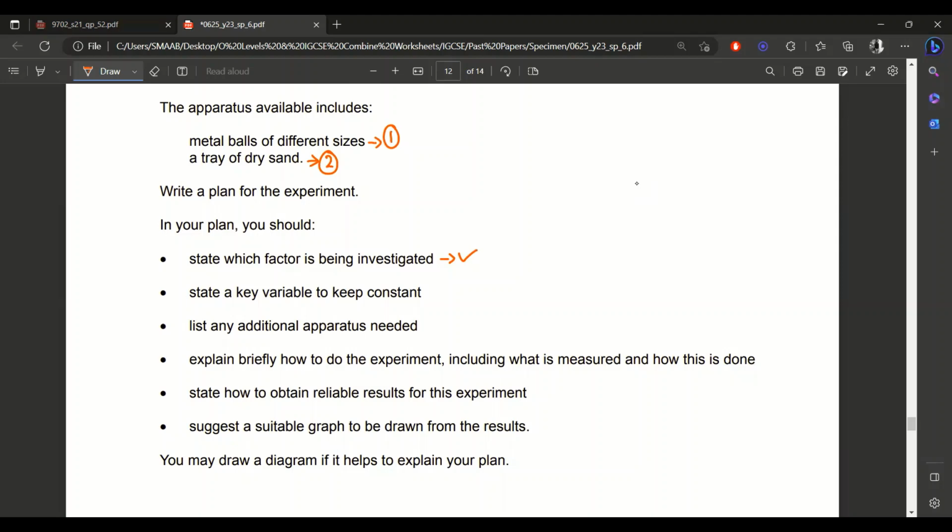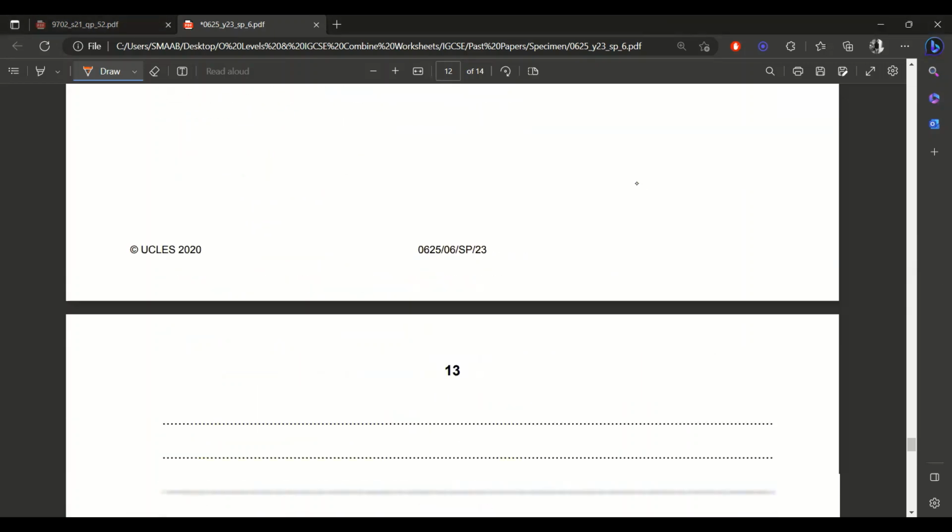The size of the ball will change, and the mass of the ball, because we have to talk about the crater, the hole which is going to be made in the sand. That depends upon the weight of the ball. If the mass of the ball is heavy, the hole will be greater, right?